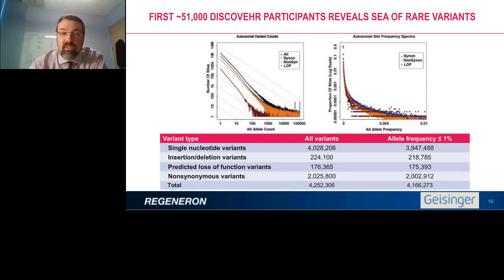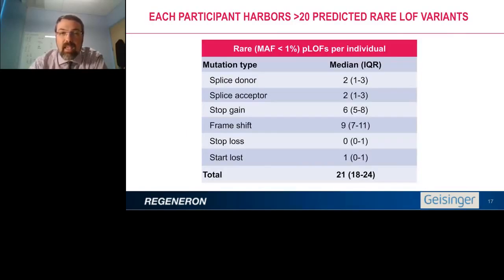So most of the things that we're finding are rare. And that's interesting because the thing that is most interesting to us is loss of function variants, or as I like to say, putative loss of function variants, because we don't know for sure. We can algorithmically identify variants that are likely to impact function, but you have to go through a quite rigorous process of functional validation to really understand the impact of any given variant.